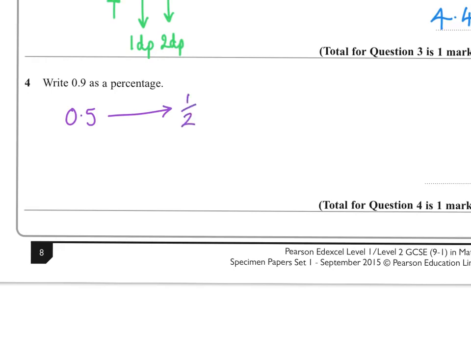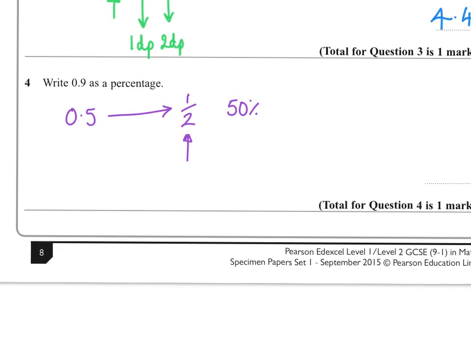And I would then say, well, if you got 1 out of 2 in a test, not a very big test, I agree, or you got half the marks, what percentage would that mean to you? And a lot of people would agree that it would be 50%. So 50% is quite well known to be a half or 0.5.